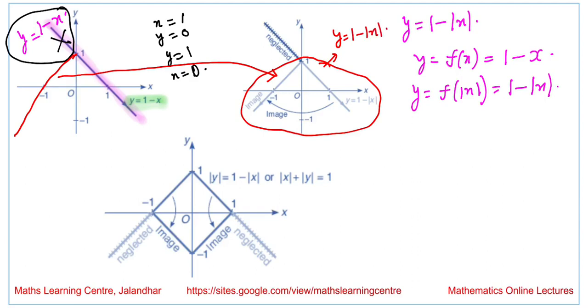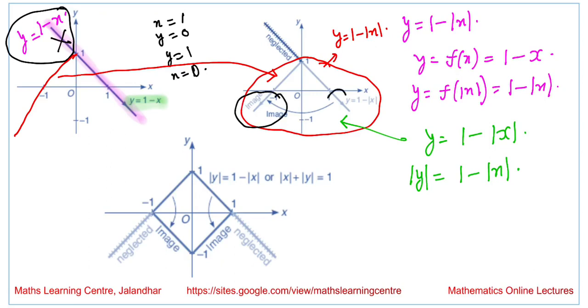Next, this is the graph of y is equal to 1 minus mod of x. Now we have to plot mod of y is equal to 1 minus mod of x. This is the negative portion over here, and this is the negative portion over here.